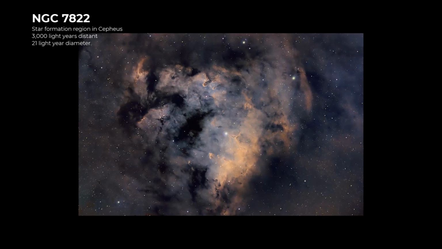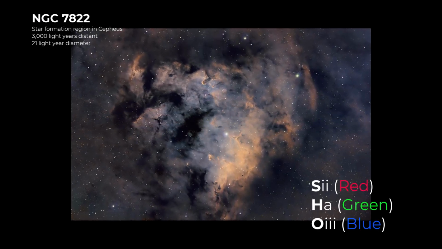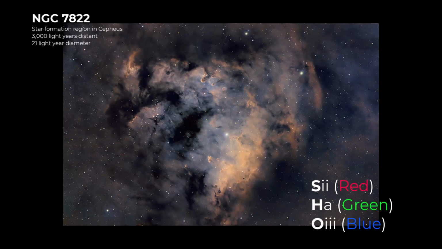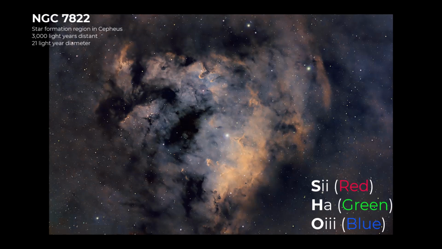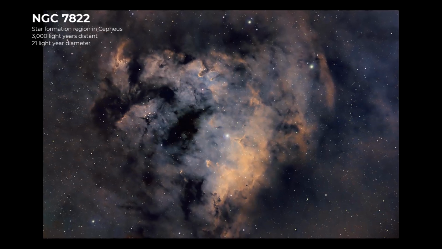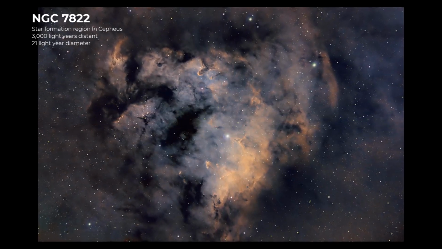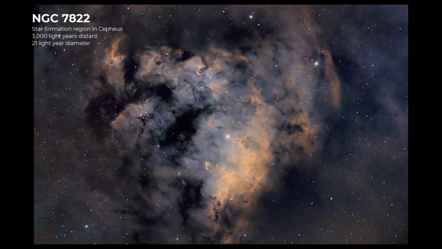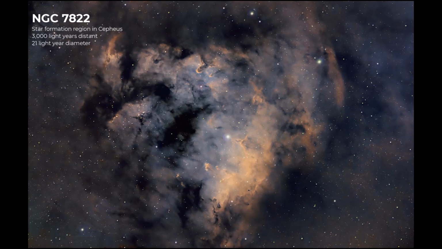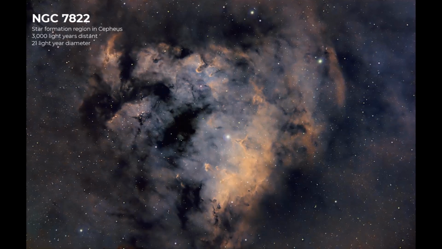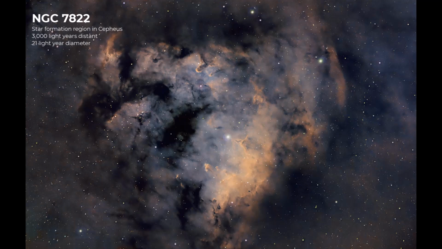Clearly I used the Hubble palette, so my sulfur is providing red, my hydrogen is providing green, and my oxygen is providing blue. The image has great depth, it has texture, good dynamic range in terms of different areas of brightness, and I think it's a strong composition for the story that I want to tell.